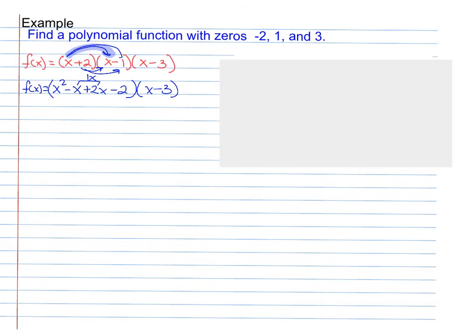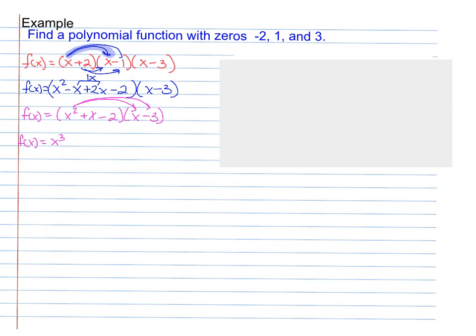You know what, let's just rewrite it, it makes it easier to understand. x squared plus 1x, or x, minus 2, times our x minus 3. And now we're going to distribute. So f of x is equal to x cubed.